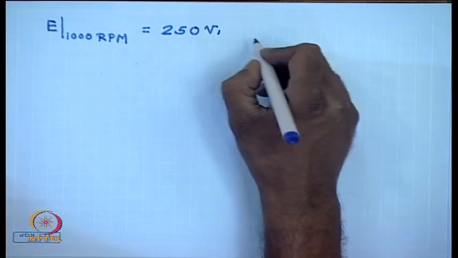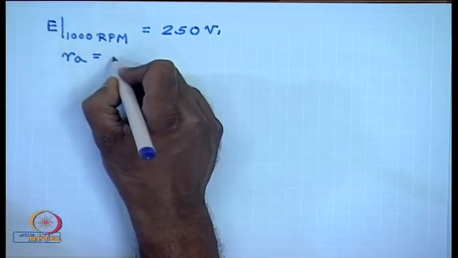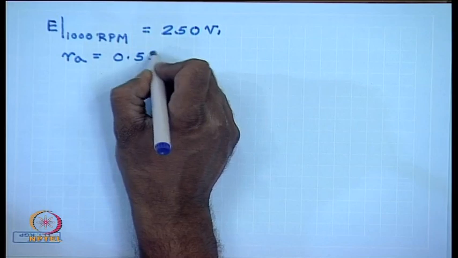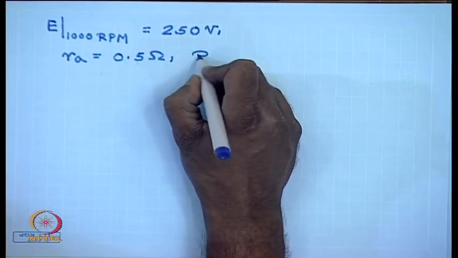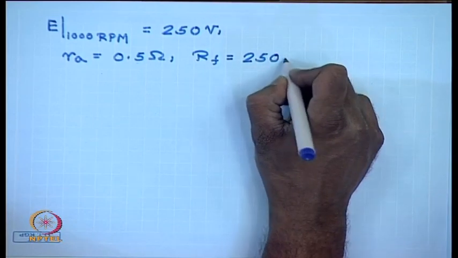The machine has an armature resistance of 0.5 ohm and a field resistance Rf equal to 250 ohm.